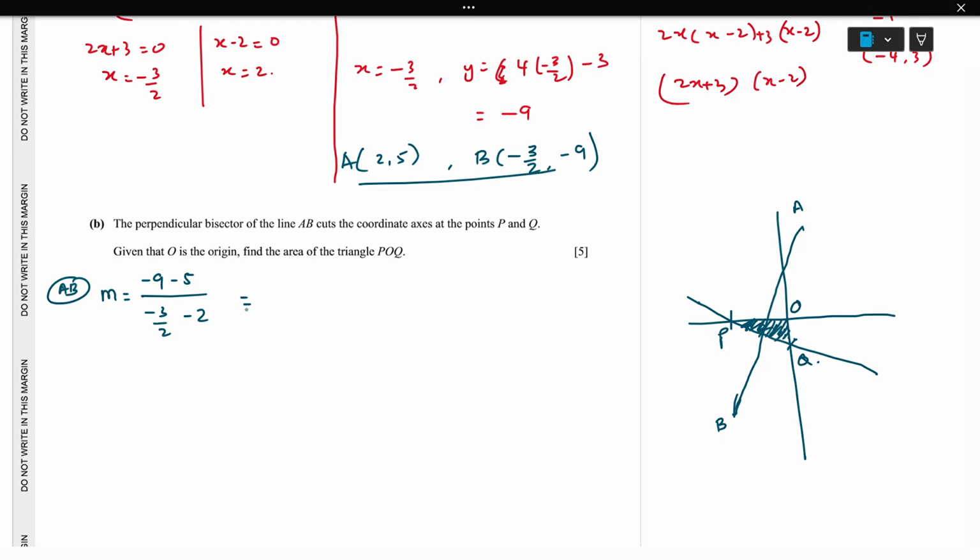That gives minus 14 over minus 7 by 2, which is minus 14 times minus 2 over 7, so we get 4. The gradient is 4.